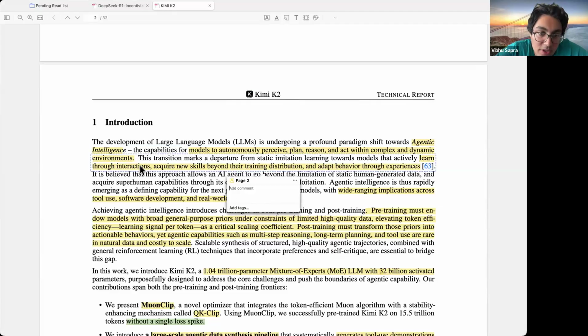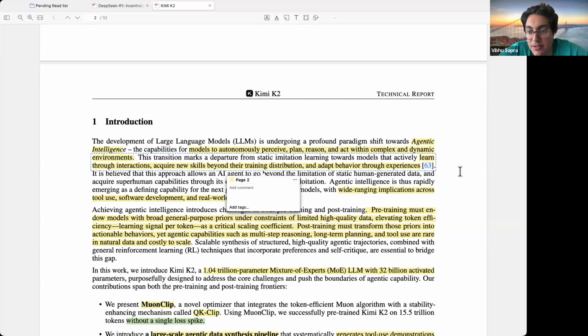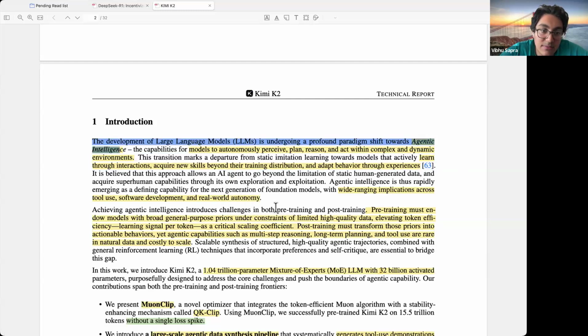So what they basically want to do is train a model that's really good at tool use. They train it on a lot of agentic tool use environments, they generate a lot of these tools, and they want it to acquire skills beyond the training distribution and adapt behavior through experiences. This is the motivation for why this exists.